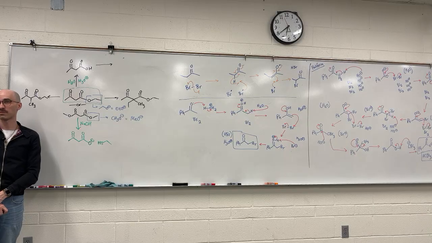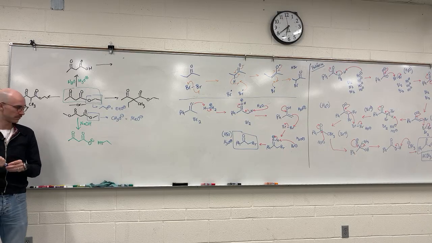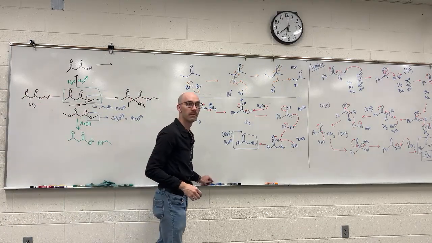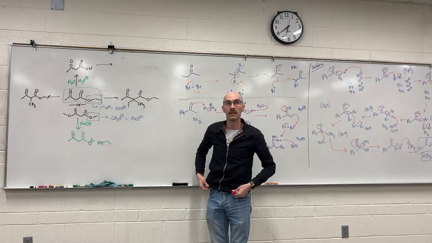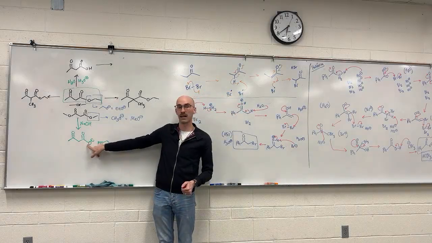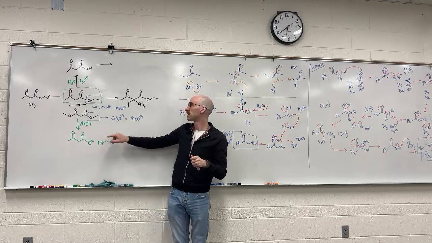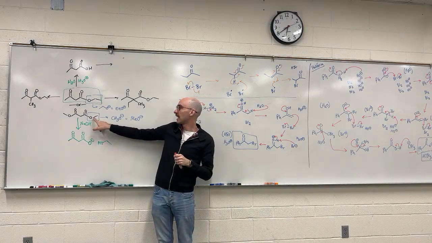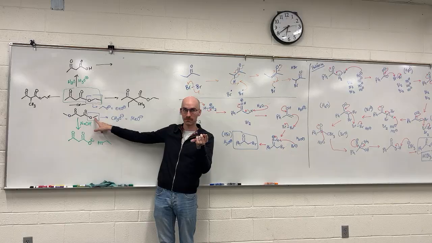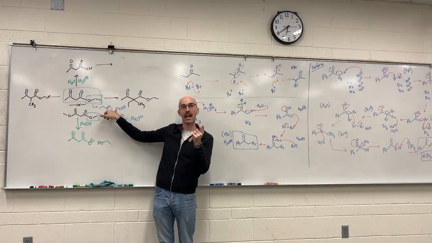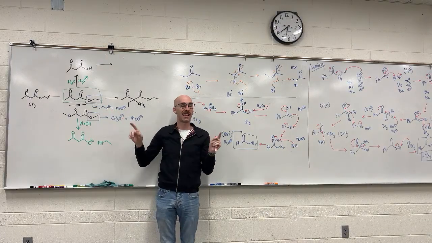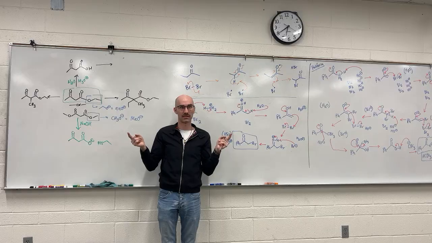Does that seem fair? I don't get why we care if the side chain on our base matches. If I use hydroxide, I don't get an ester anymore. Right, but why do we care if it's an ethyl versus a methyl? If I have a methyl ester, but I add an ethoxide base, I can transesterify.